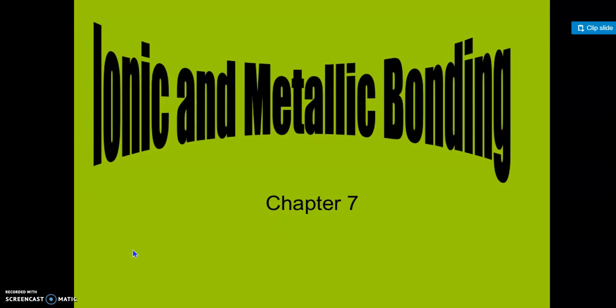So firstly, we see the definition of ionic bond. Simply, in any ionic compound, an ionic bond is formed when there is actual transfer of one or more electrons from the outermost energy shell of one atom to the outermost energy shell of the other atom.